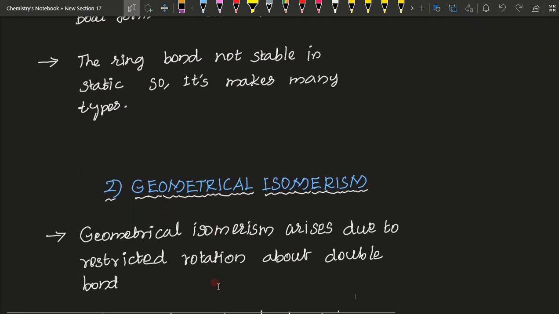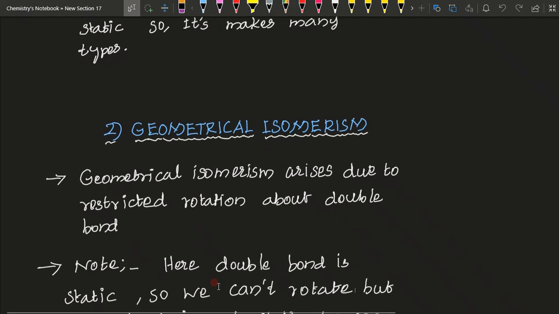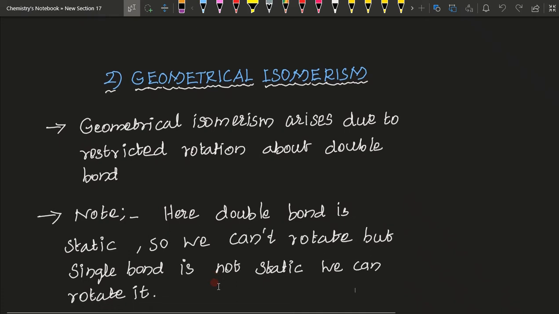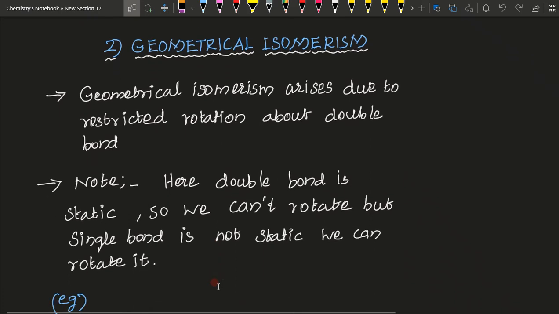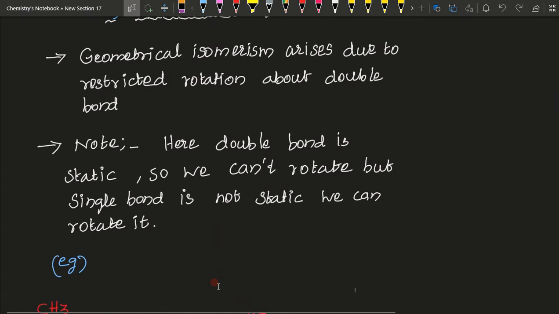Second one, geometrical isomerism. Geometrical isomerism arises due to restricted rotation about a double bond. It occurs in alkenes. Note here the double bond is static, but a single bond is not static.